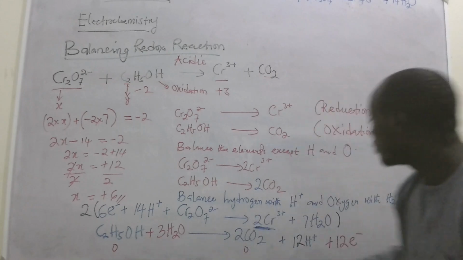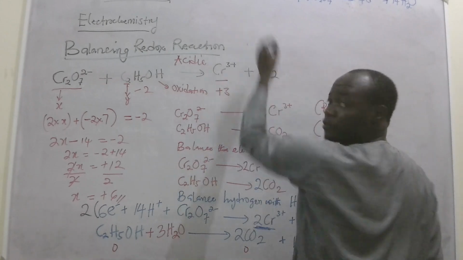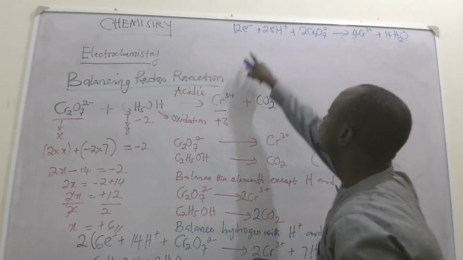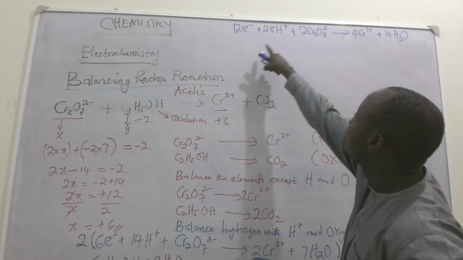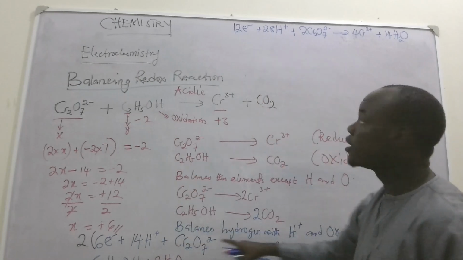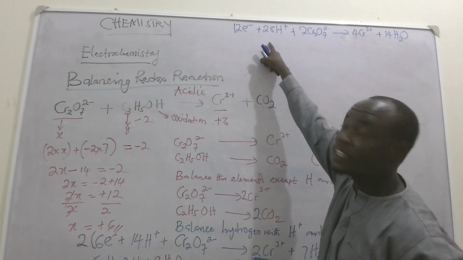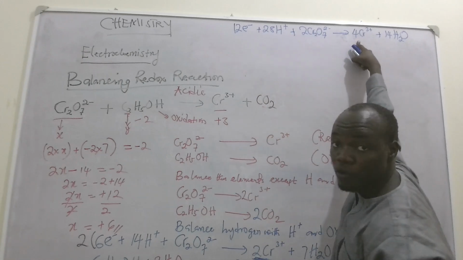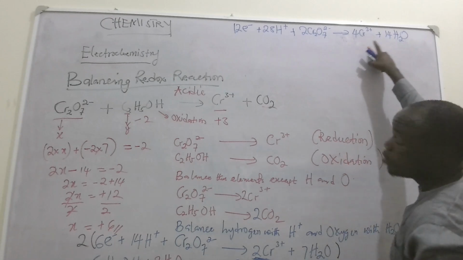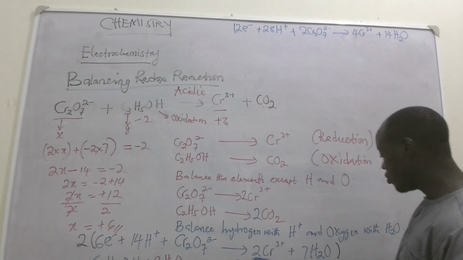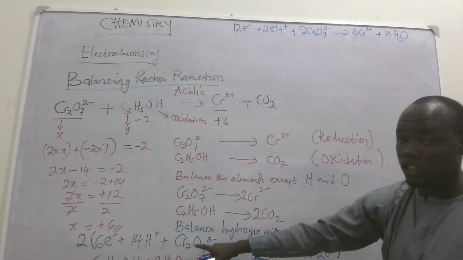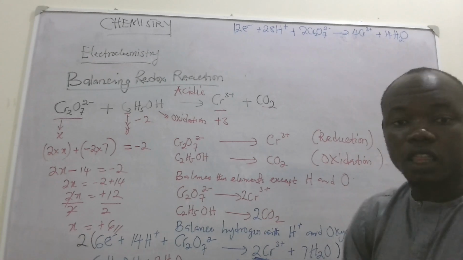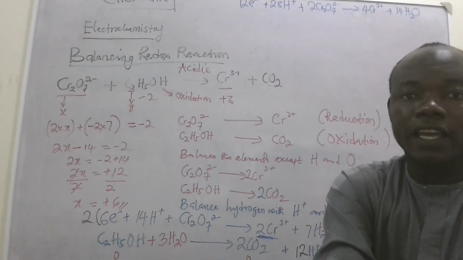So this is what I just wrote here: multiplying everything by 2 gives us 12 electrons, 28 hydrogen ions, 2 molecules of chromium manganese, 4 chromium ions plus 14 molecules of water, after I multiply this equation by 2.